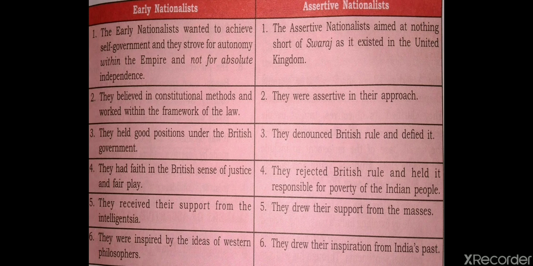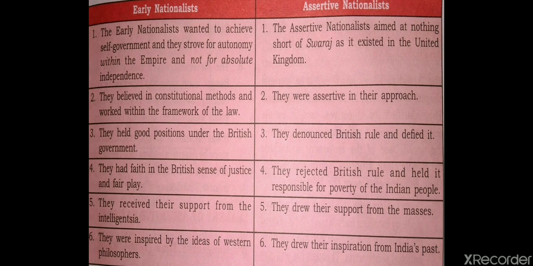They did not agree with the Britishers, because assertive nationalists believed that poverty and famine in India were because of the Britishers. Early nationalists had faith in the British sense of justice and fair play, and assertives rejected British rule and held it responsible for the poverty of the Indian people.